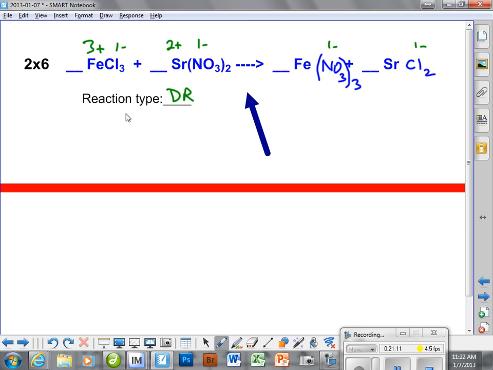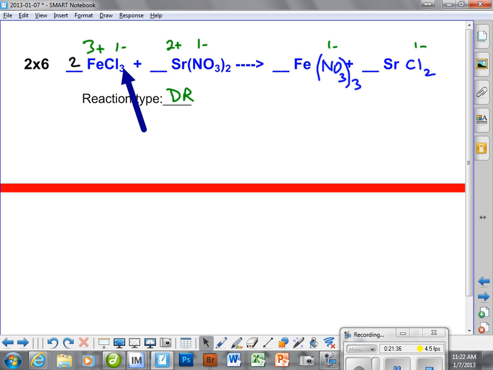And then we're going to go ahead and balance. I'll balance the anions first. And so if you look on the right side, on the anions, we have 2 chlorides here, 3 chlorides here. So we're going to do a crisscross. We're going to use this for the coefficient here, and let's put it in.